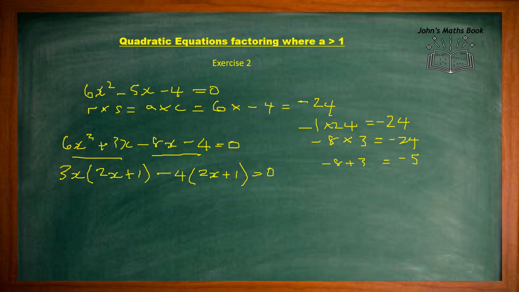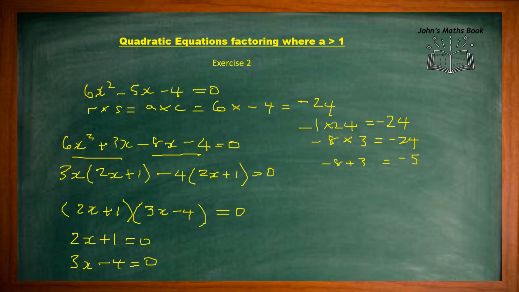Now we have a common term of 2x plus 1. So if we factorize, we get 2x plus 1, and then that's multiplied by 3x minus 4. That all equals 0.